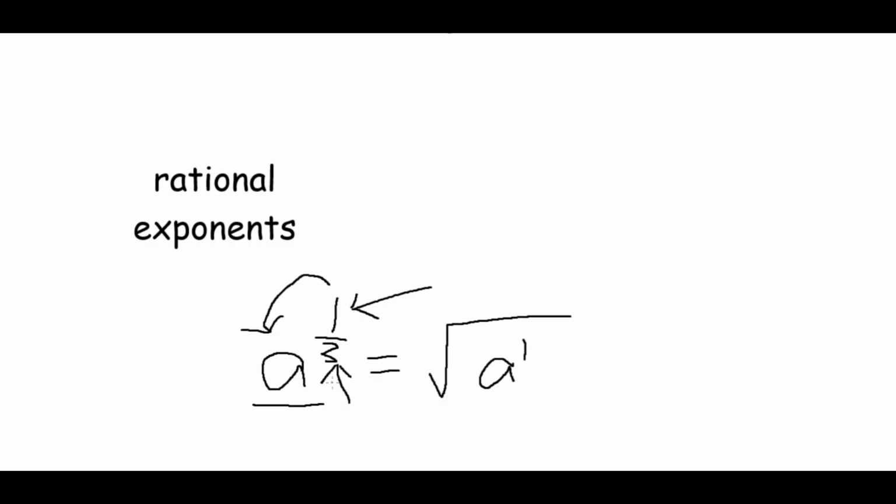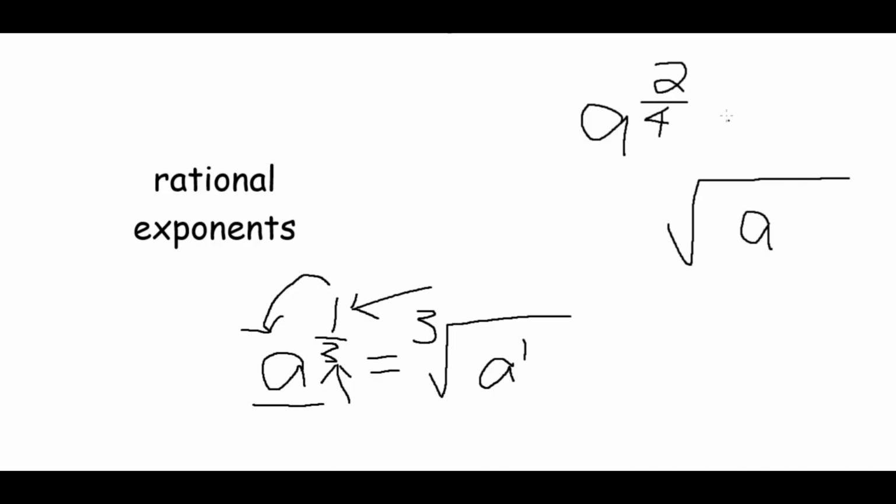Now our 3 here will be our index, which is like square root, third root, fourth root, right here. So if we have a to 2 over 4, we'll first make our radical symbol, we'll put a inside, and we'll distribute 2 to a, and then we'll put our index 4 here.